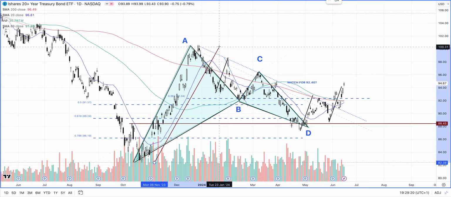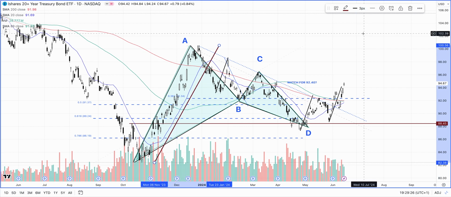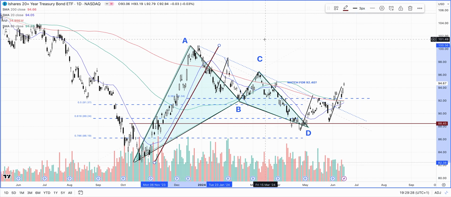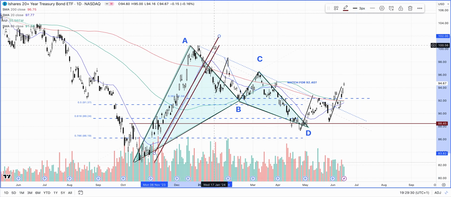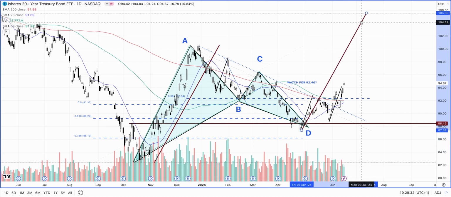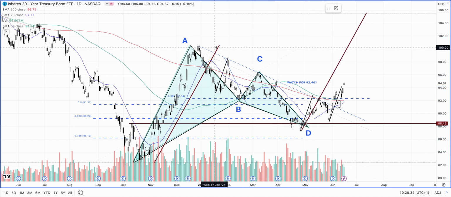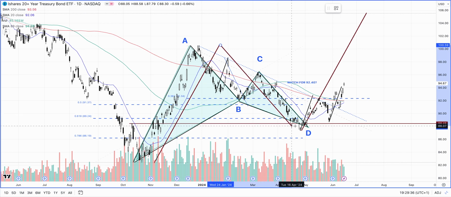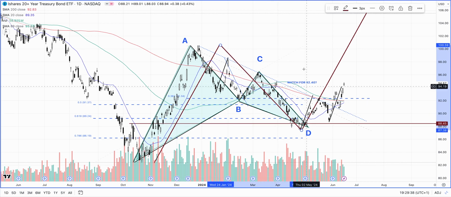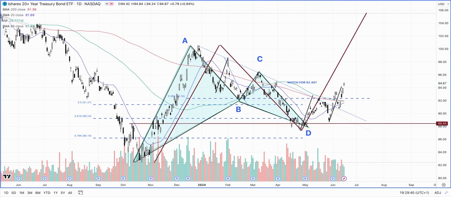And now let me actually draw that. Let me make this a little bit bigger as well, so maybe 3 points, and then we just copy it, move it right here. And let me also draw the CD leg like this. Let's also take a look at what the expansion for this CD leg looks like.